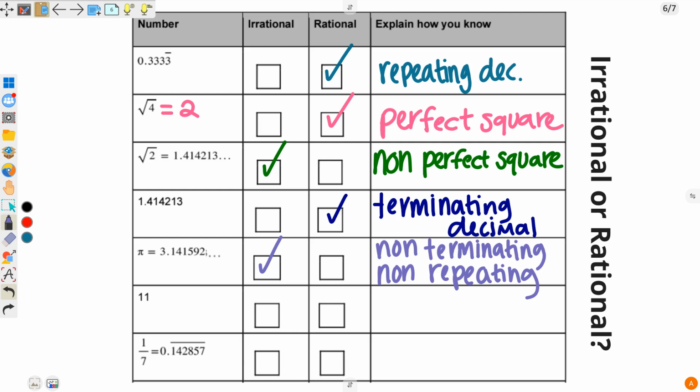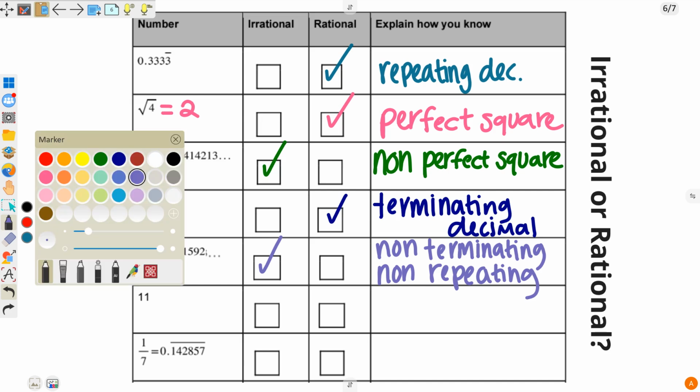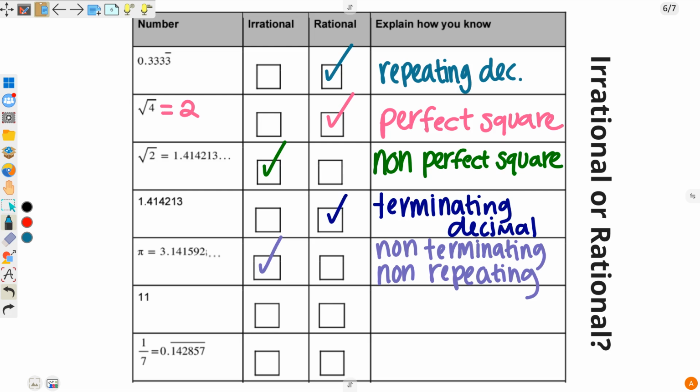What about the number 11? What type of number is that? Number 11 is several things. It's a whole number. It's an integer.